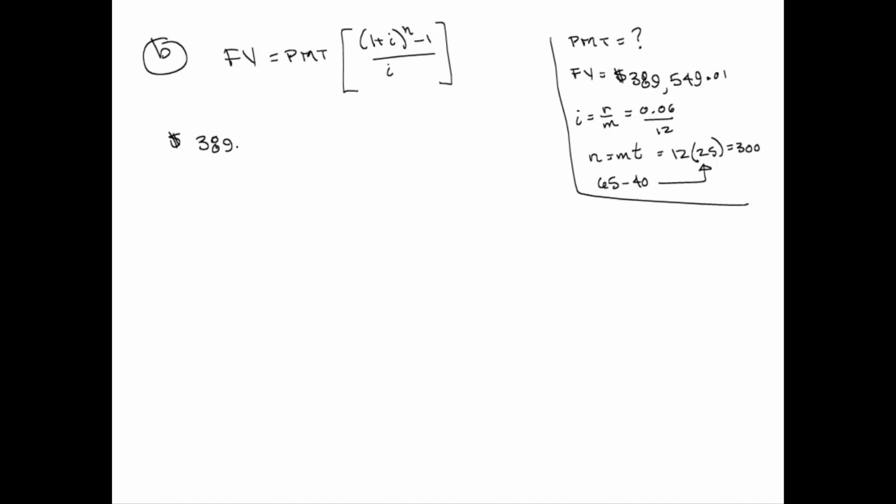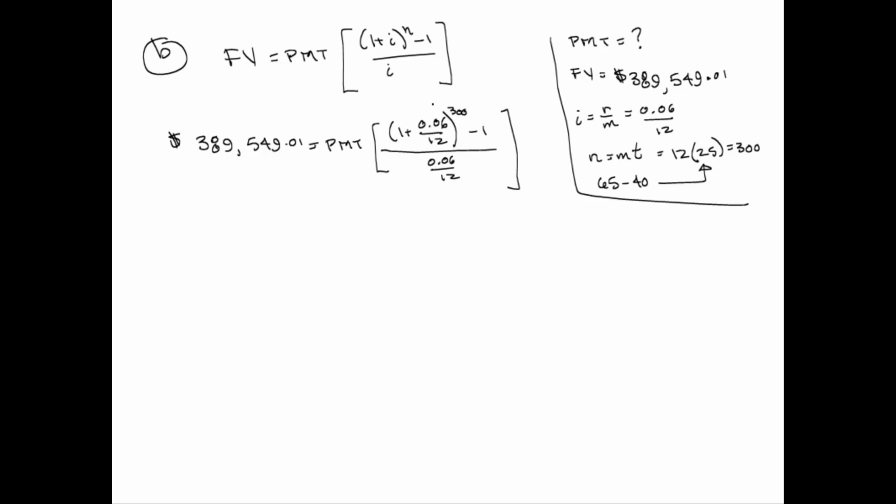So 389,549.01 is equal to our payment times 1 plus R over M to the 300th power minus 1 all over R over M. Work this all out.